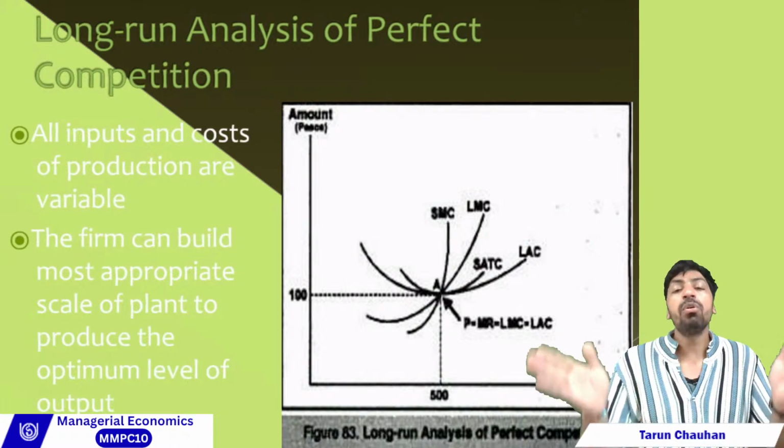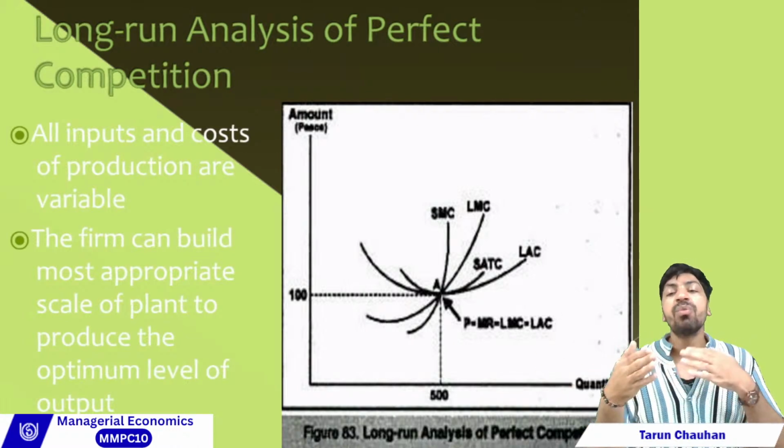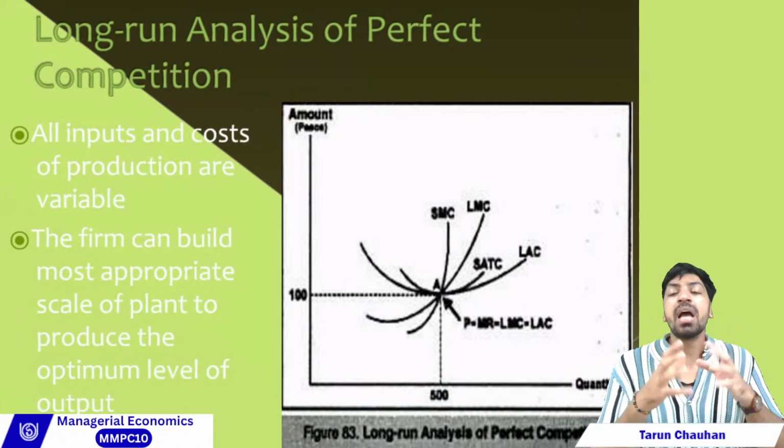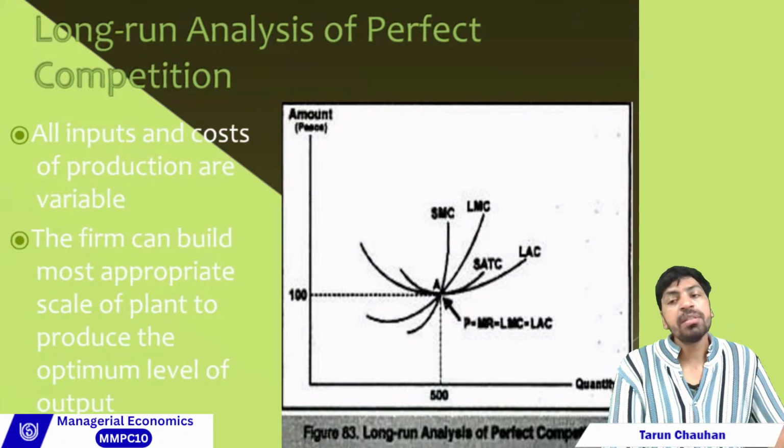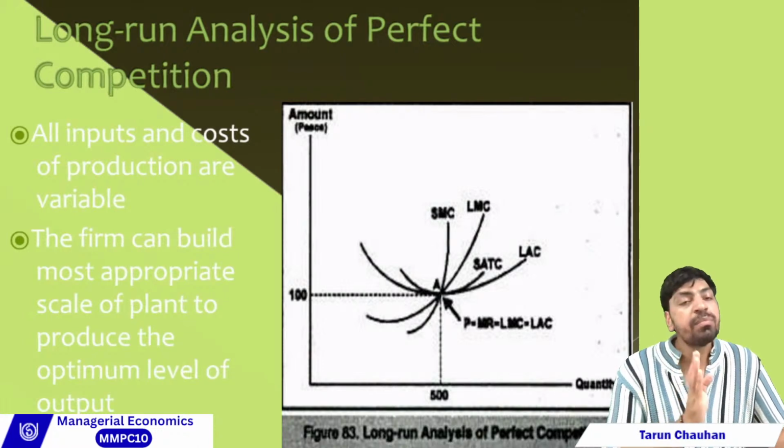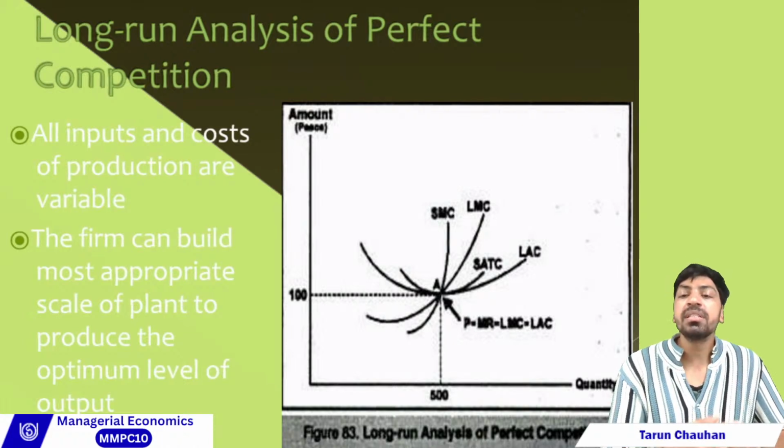Before I begin, you need to understand what costs would be needed. The costs are the average cost, I mean short run average cost, short run marginal cost, and long run marginal cost. This is the concept that will be used.